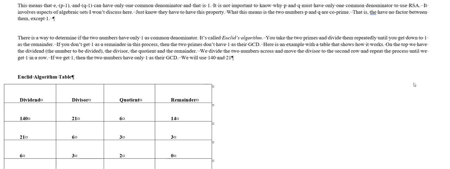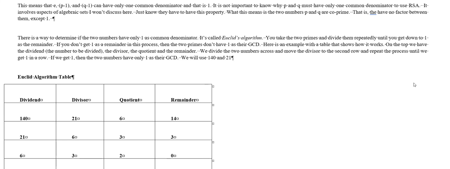Here's an example with a table that shows how it works. On the top, we have the dividend, the number to be divided, the divisor, the quotient, and the remainder. We divide the two numbers across and move the divisor to the second row and repeat the process until we get 1 in a row. If we get 1, then the two numbers have only 1 as their GCD.